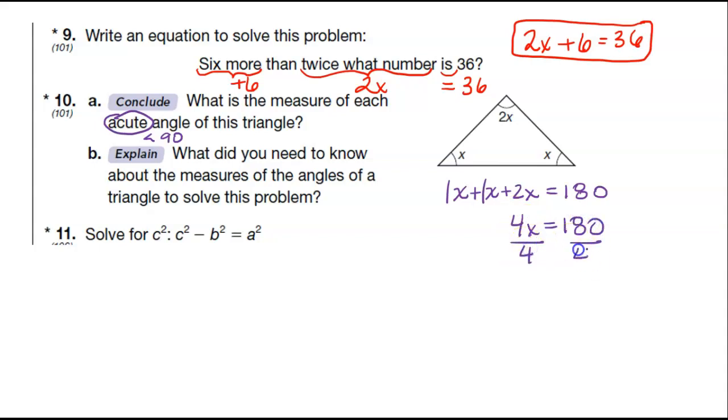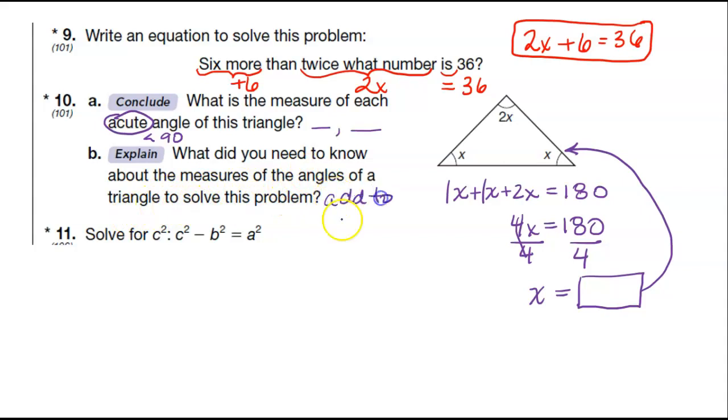If I divide by 4, I get x equals, and you're going to have to do that calculation. Once you have that, you're going to plug it back in. If it's less than 90, you're going to list it here as your answer. If it's more than 90, you're not going to list it. And then it says, what did you need to know about the measures of the angles of a triangle to solve this problem? That they add to 180 degrees.